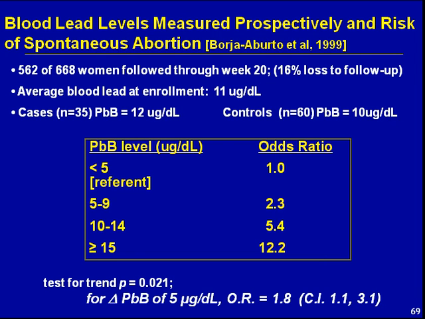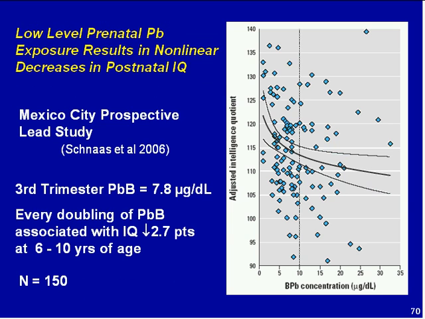So that is a significant concern: spontaneous abortion. There's also a real concern for the effects on the fetus related to cognitive development and postnatal IQ. This is another Mexico City study, a prospective study, and the average third trimester lead was only 7.8.